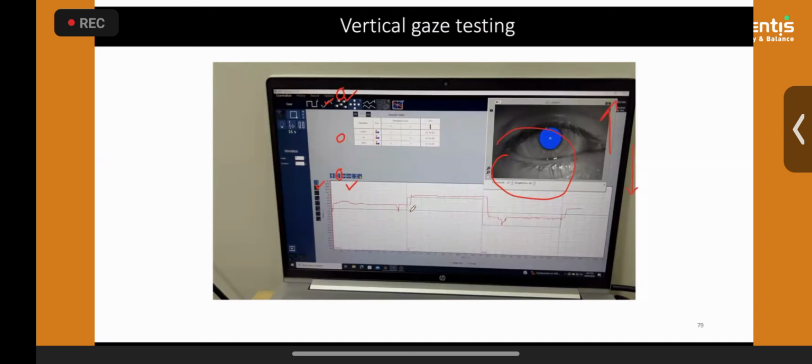So the graph also, if you can see it, when the eyes move up, it will go up. Then the stimulus is steady, it stays there, and then it moves down. Either it can come to the center gaze, or it can go towards down also. And like this, the graphical representation of this particular gaze testing can be recorded.